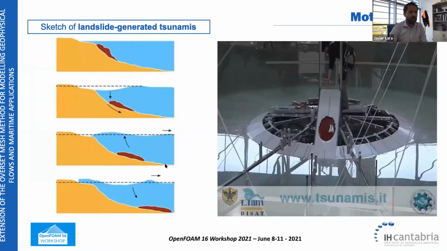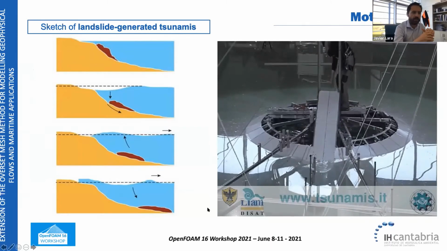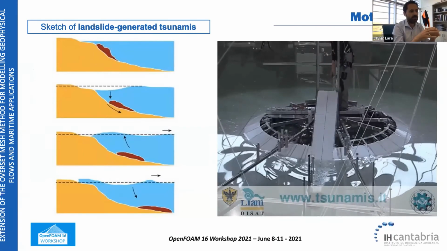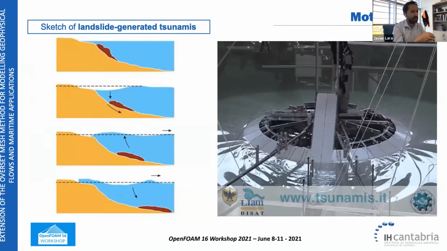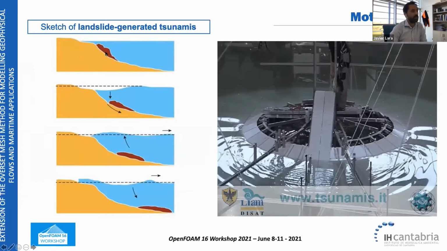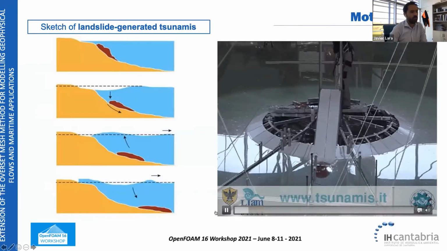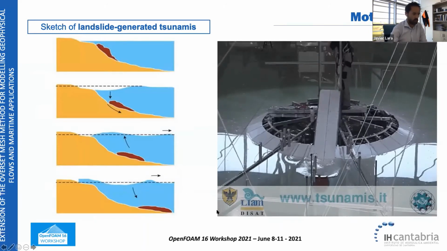We are using this method for problems like the one you can see here, which is landslide generated tsunamis. I'm a civil engineer, and we are very much interested in the waves that a landslide could generate. They are generating transient effects that are called tsunamis, and these tsunamis can be created by a submerged landslide, as the one you can see in this picture, or the one you can see in this video, in which we have an emerged landslide which is producing this tsunami wave.